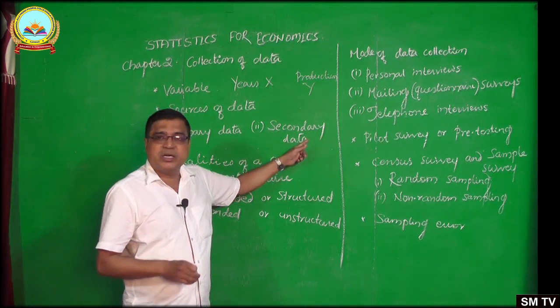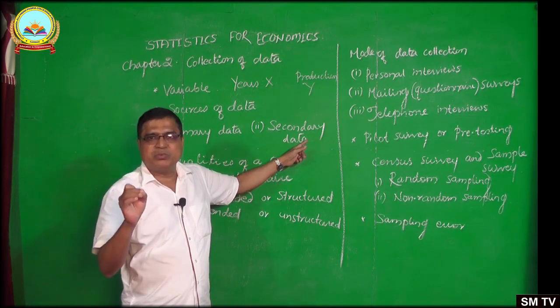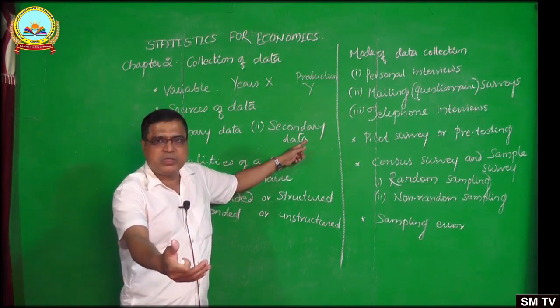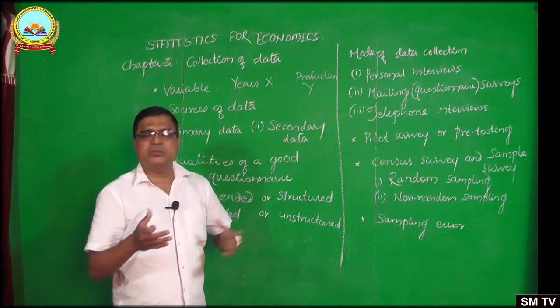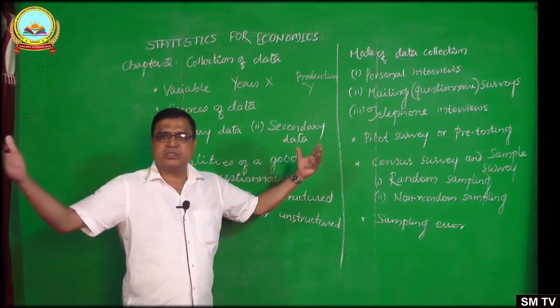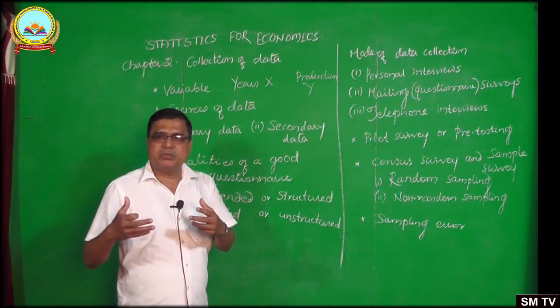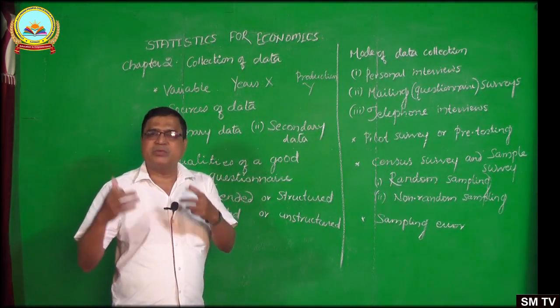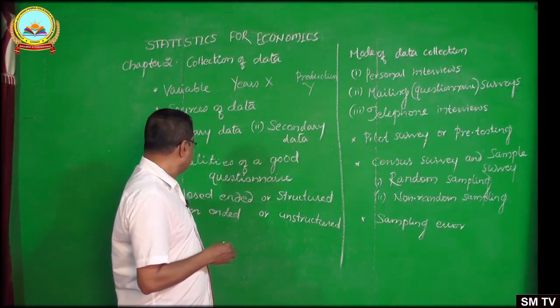Therefore, it is called secondary data. The secondary data is what we do not collect from the original source. It is already collected, and we are using it. For example, in the textbook we have numerous data and information which are systematically, scientifically collected. We are using it, and that is called secondary data.